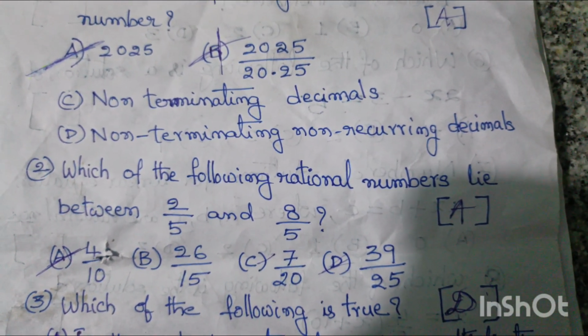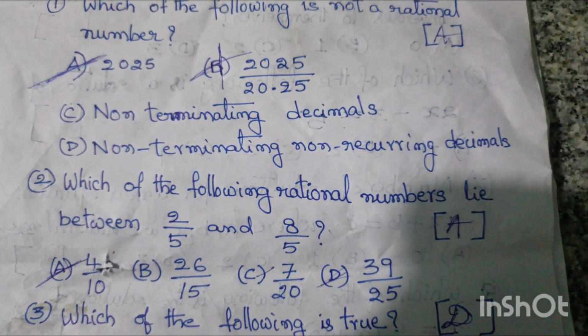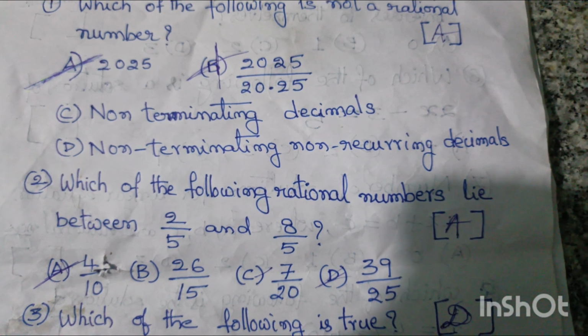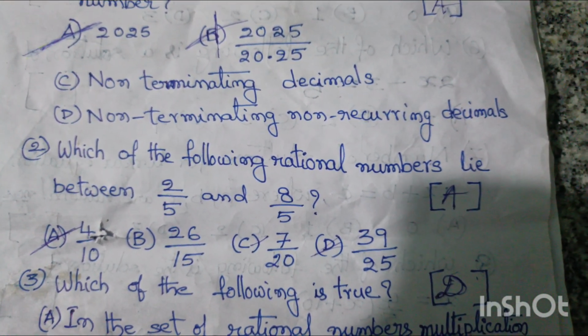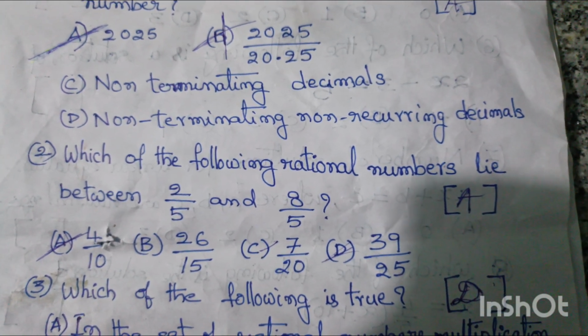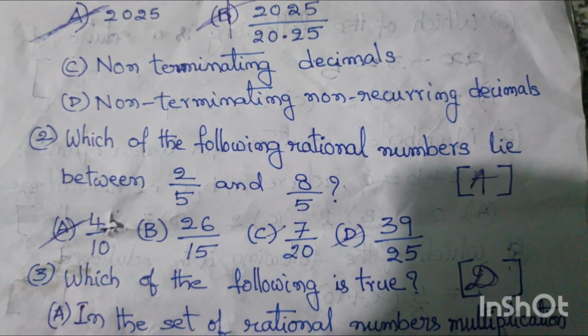Non-terminating repeating decimals can be expressed in the form of p by q. But non-terminating non-recurring decimals we cannot express in the form of p by q, hence the answer is D.